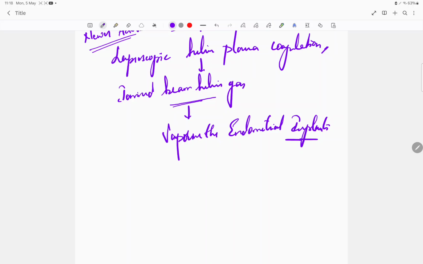It will basically vaporize them with this temperature. This technique is comparatively better than diathermy. Why? Because remember, this has very precise precision. That means there will be less lateral burning.